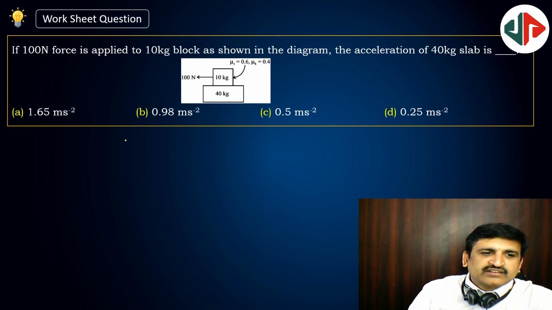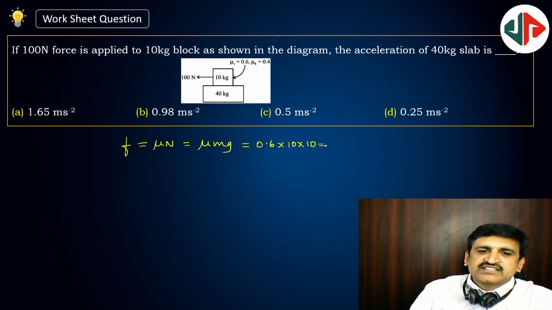For that, the maximum force that can be transferred is equal to mu n, which is equal to mu mg, which is equal to 0.6 into 10 into g value 10, that is 60 Newton, which is lesser than the applied force of 100 Newton. So there is a relative motion. So it moves.